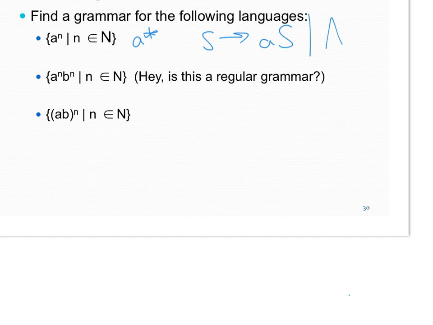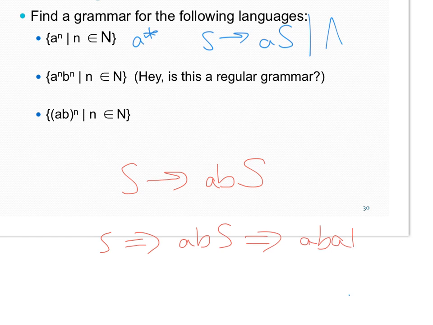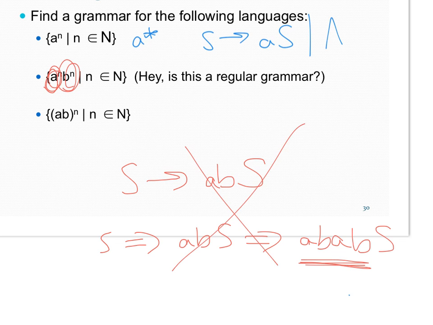We can't say S goes to ABS as a production rule, because then we could get something like S goes to ABS, goes to ABABS, which would mix up the order of our A's and B's, right? And here it's all the A's come first, then all the B's, right? A to the n, B to the n. So that's no good, right? So we can't do that. So let's get rid of that and try again.